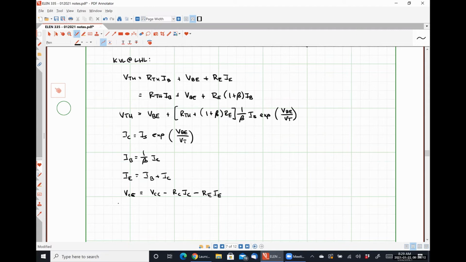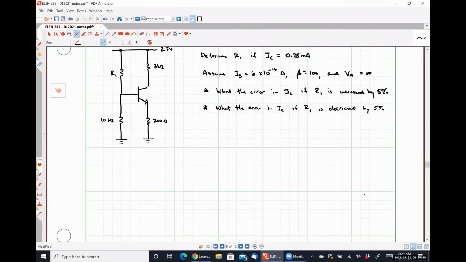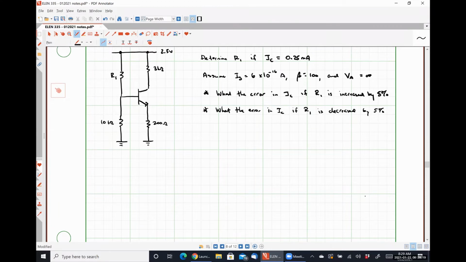So with that in mind, we can say that, so we had an equation that said V Thevenin, so that is the same as VCC multiplied by R2 over R1 plus R2 was equal to VBE plus R Thevenin, which is R1 times R2 over R1 plus R2, plus 1 plus beta RE, times IB.